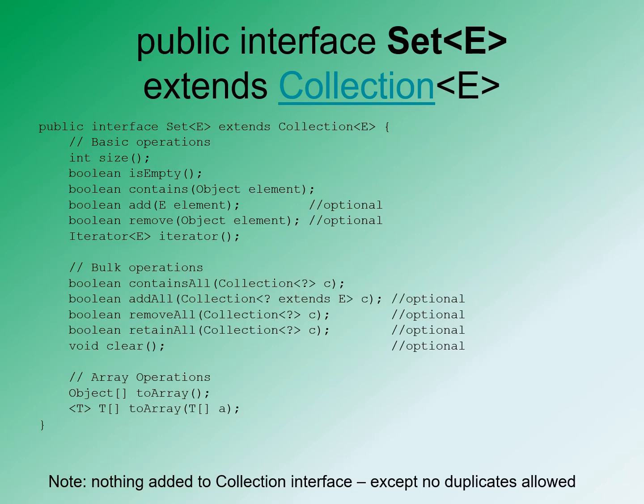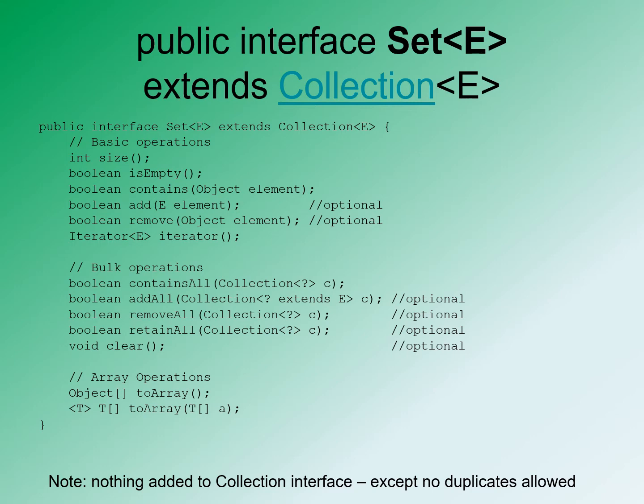This is the implementation of the Set interface, and it also extends the Collection class. As you can see here, we have basic operations like the size method to find out the size of the set. There are isEmpty, contains, add, remove methods, and one iterator method.